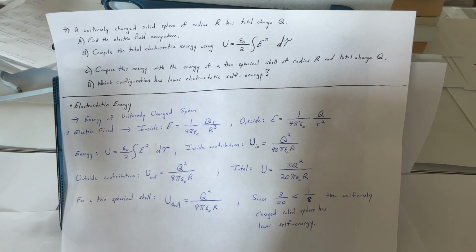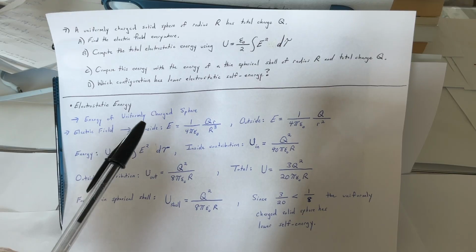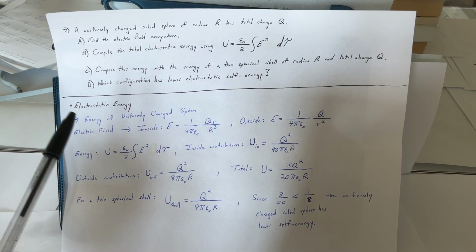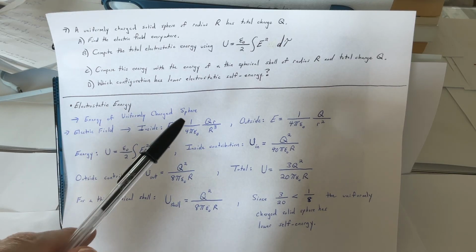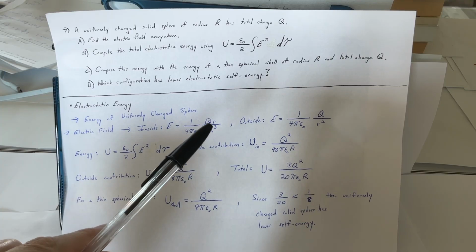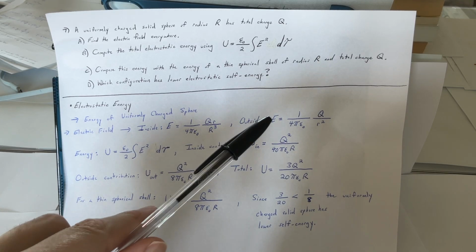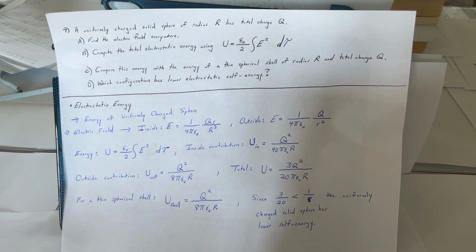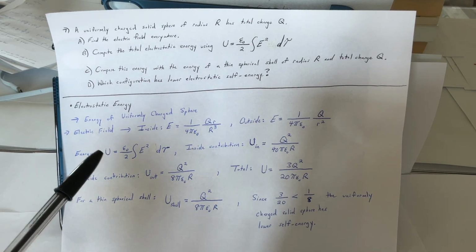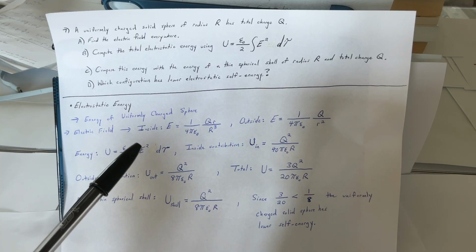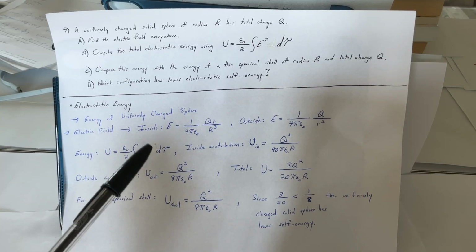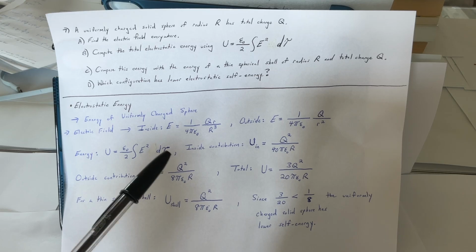So this is an electrostatic energy problem: the energy of a uniformly charged sphere. The electric field inside, E, is 1 over 4 pi epsilon naught times Q r over capital R cubed. Outside, E equals 1 over 4 pi epsilon naught times Q over r squared. Our energy, U equals epsilon naught over 2 times the integral of E squared d tau.